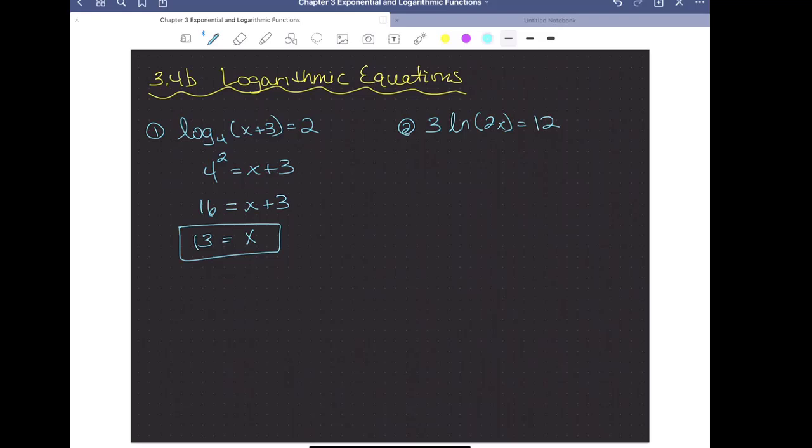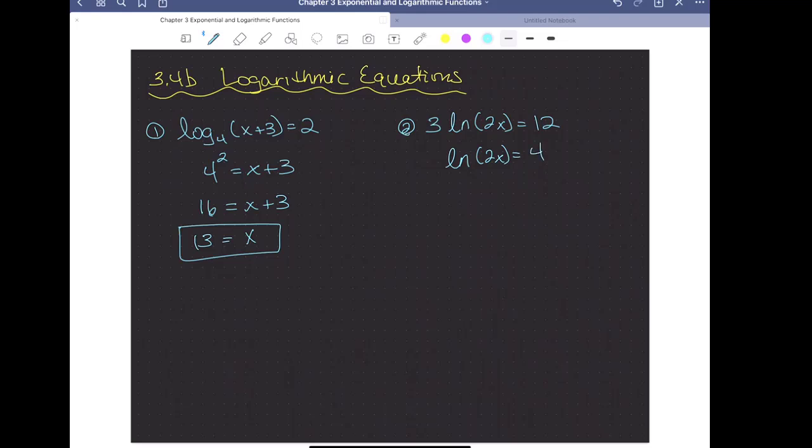But I want to get it to where I only have that natural log piece, natural logs and logs work the same way, kind of like all by itself. So I want to get it into the simplest form. So I want to be able to get rid of this 3. So I'm going to divide both sides by 3. And then now I have natural log of 2x equals 4.